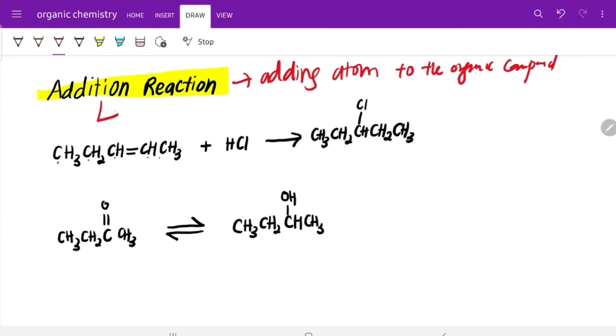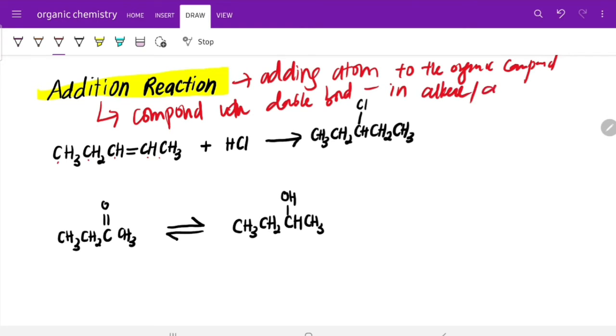So addition reaction is the common reaction for compounds with double bonds, such as alkene, alkyne or carbonyl compounds like aldehydes or ketones.